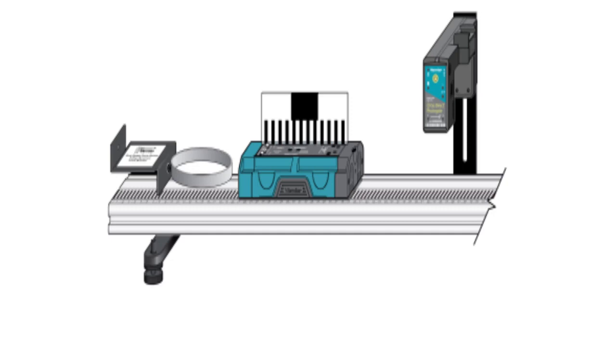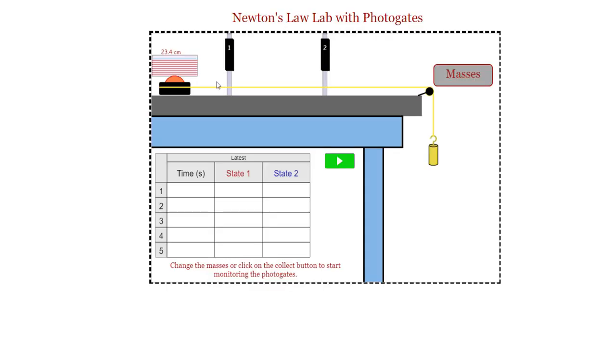And then when the laser is able to hit the sensor again, then it knows what time it started to make that connection. So when you have this index card going through the photo gate, it is blocking the sensor, reading the amount of time it was blocked, and therefore filling in the timestamps here. Okay, so the time when it was first blocked to the time when it was unblocked.